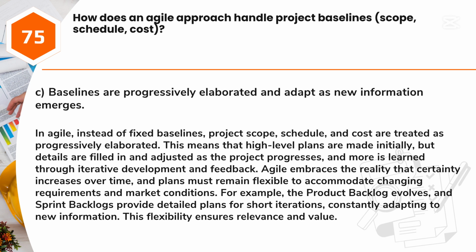Agile embraces the reality that certainty increases over time, and plans must remain flexible to accommodate changing requirements and market conditions. For example, the product backlog evolves, and sprint backlogs provide detailed plans for short iterations, constantly adapting to new information. This flexibility ensures relevance and value.